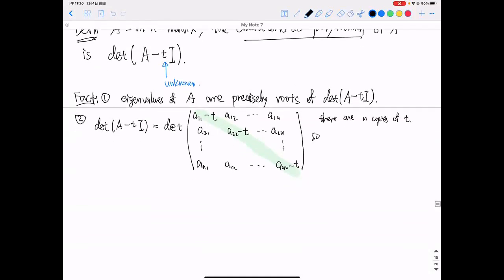So this is a polynomial in T of degree n. For an n by n matrix, the characteristic polynomial is a polynomial in the unknown T of degree n.